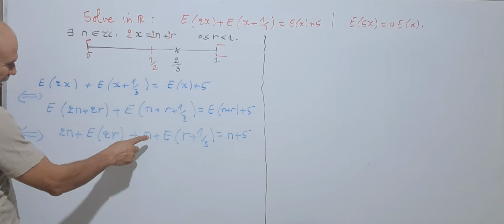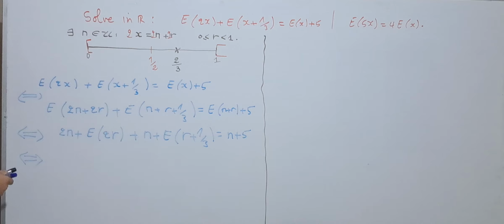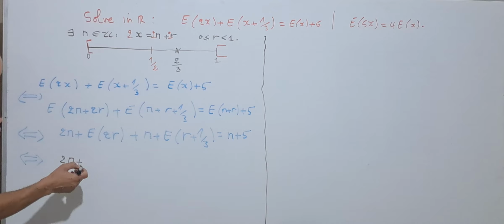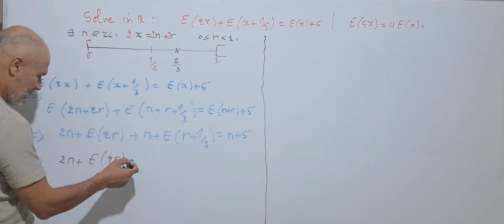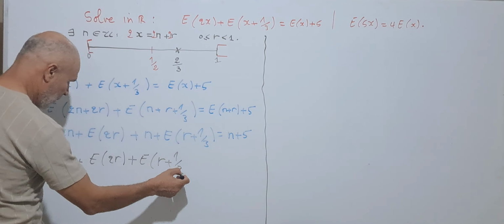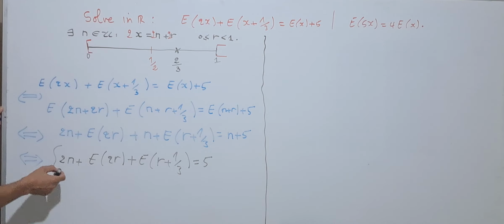This is equivalent to 2n plus integer part of 2r plus integer part of r plus 1 over 3 equals 5.